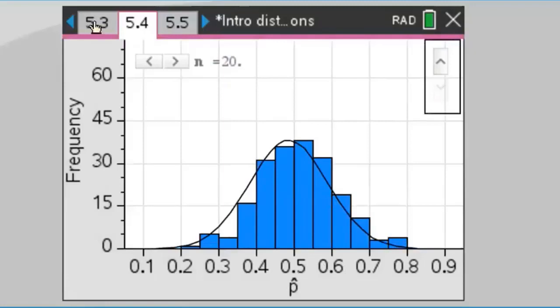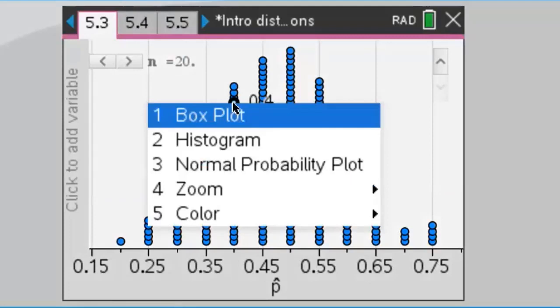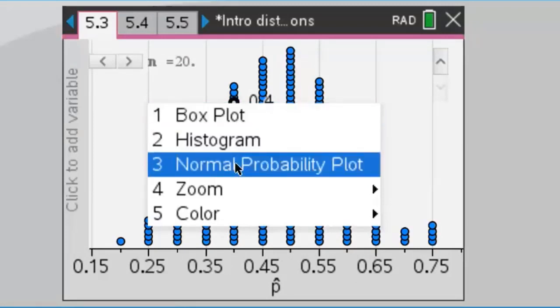Now, from the dot plot, you can test the approximate normality in a different way. Two ways you can do this. You can go through the menu and change the plot type, or you can just click on it and do a right mouse click if you're using the software, or control menu if you're using the handheld, and change that to a normal probability plot.